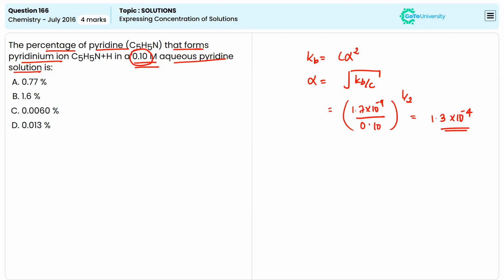But we need it in percentage, because this is the degree of dissociation only. So the percentage of dissociation will be the value we obtained times 100, which is equal to 0.013 percent. That means option D will be the correct one.